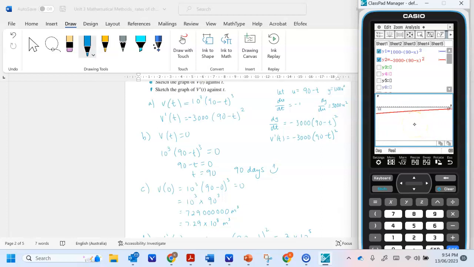You can see the gradient is getting higher, the gradient is increasing until it gets to 0 basically. And then for the blue curve, once your reservoir is empty, we can't go below. So that's why we got 2 solutions for part E.